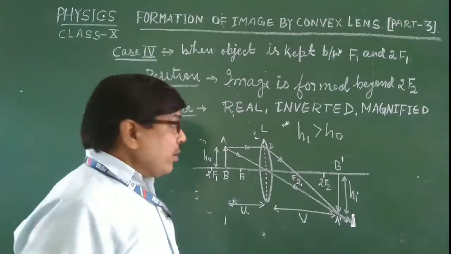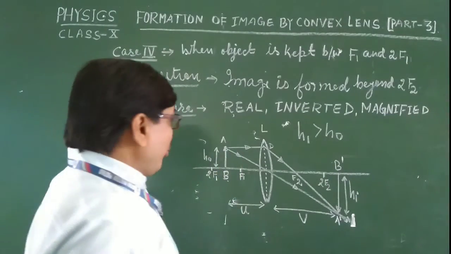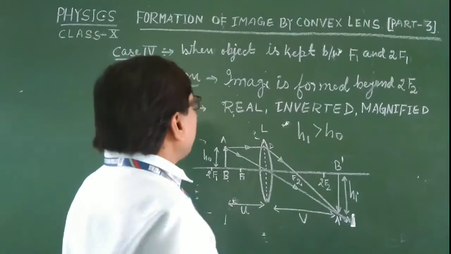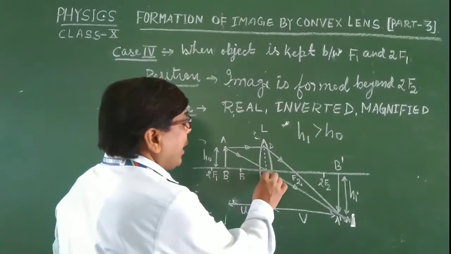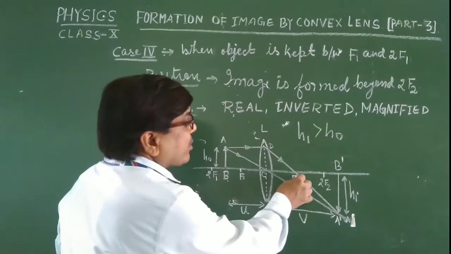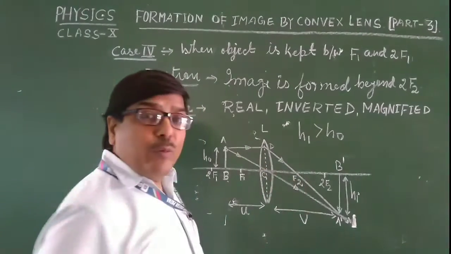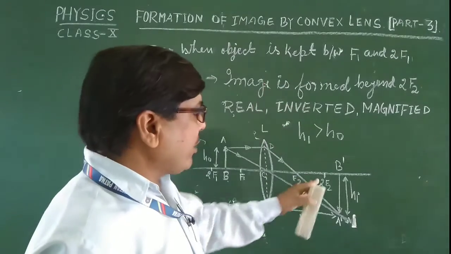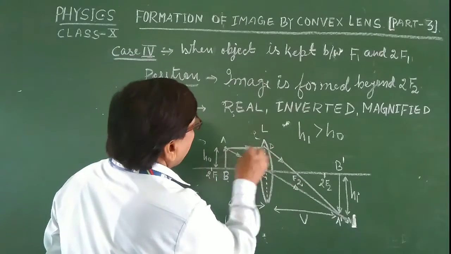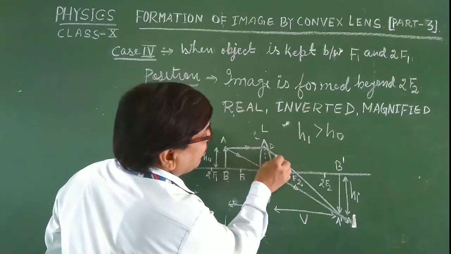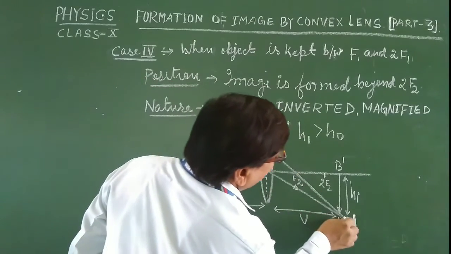Take the ray diagram. First rule we apply: the incident ray of light parallel to the principal axis, after refraction passes through the focus in a convex lens. So AD after refraction passes through F2.